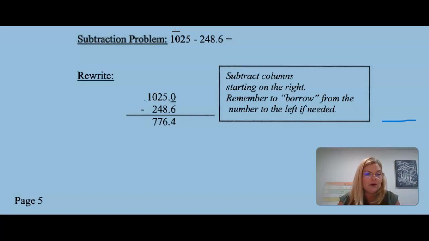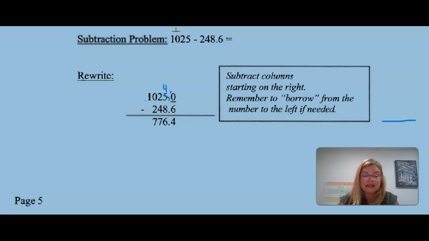We need to borrow from the column to the left several times on this problem. So 0 take away 6, we know right away that we need to borrow. This becomes a 4, and this becomes a 10. So 10 minus 6 is 4.